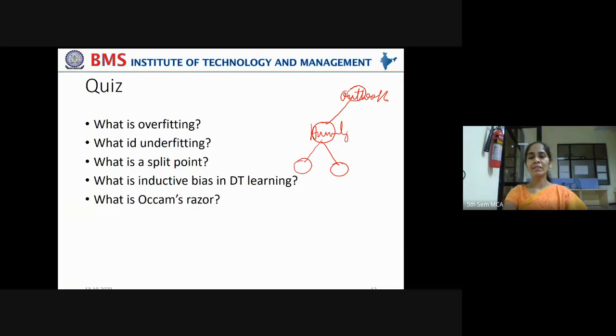What is inductive bias in decision tree learning? You have to answer this. This point has been discussed for the last three classes. There are two assumptions with respect to decision tree learning. What are those assumptions?